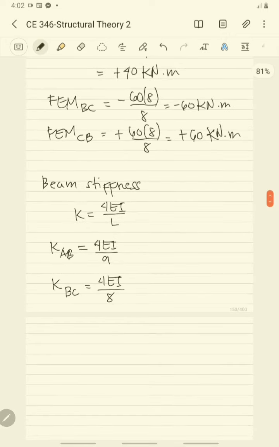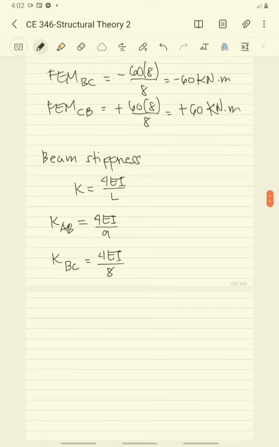Then, after getting the beam stiffness, we will determine the distribution factor, or the DF. This is the ratio of the bending stiffness of the member to the sum of the bending stiffness of all the members connected to the joint.